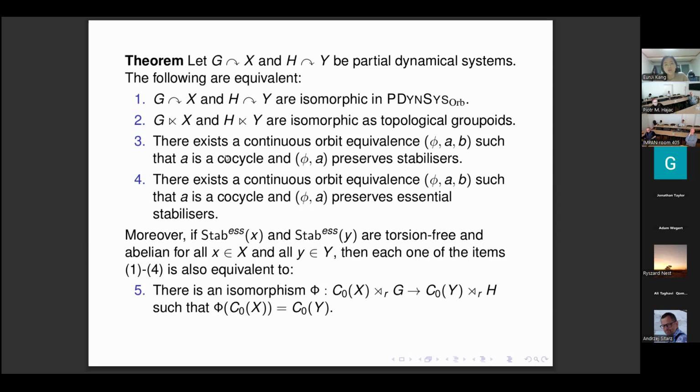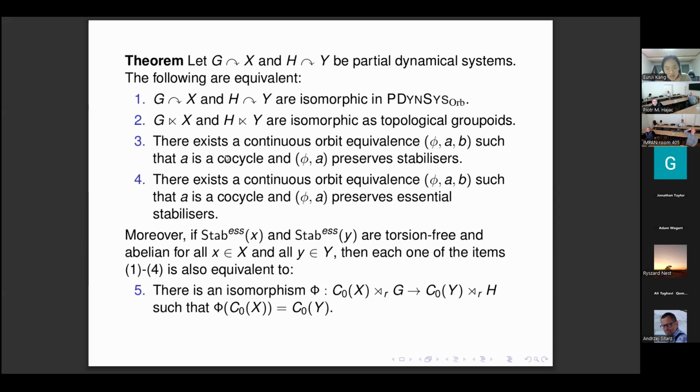Also, it is equivalent to the existence of a continuous orbit equivalence such that the cocycle preserves essential stabilizer.